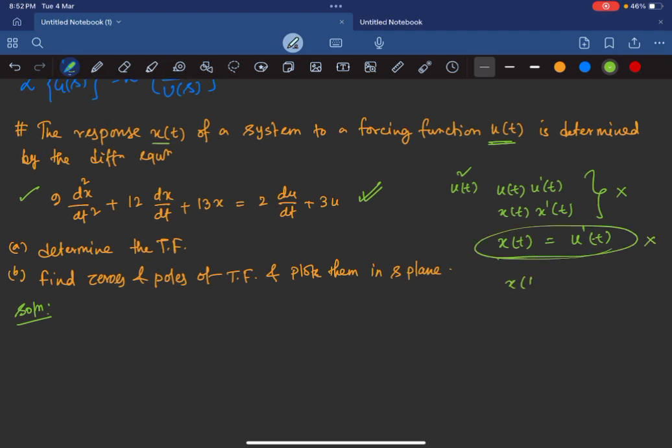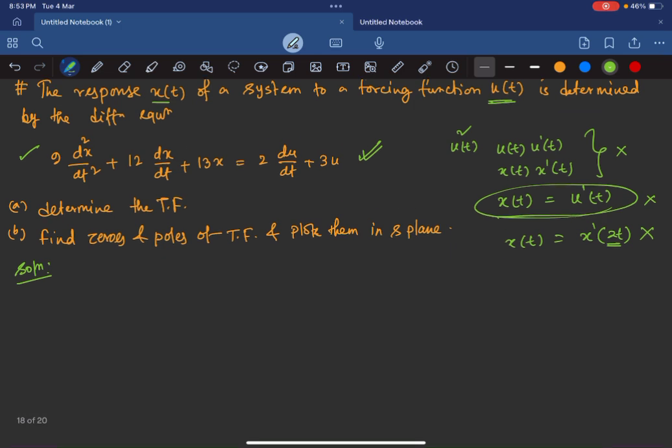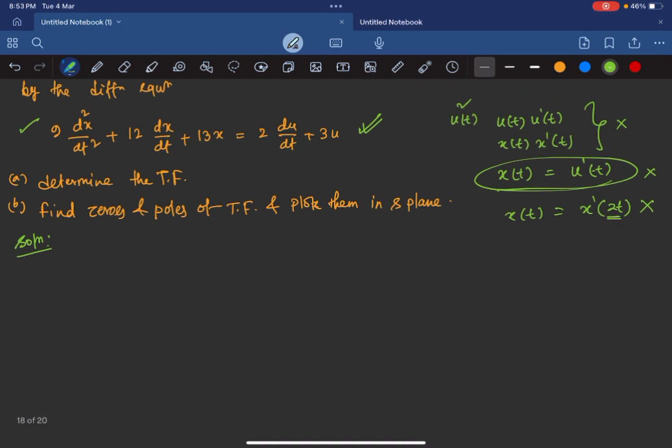Suppose if you have x(t) equals, suppose x dash 2t, this is not time invariant because scaling is present, so this type of scaling factor should not be there. Here you should have simple t. If these things are present, then obviously the system is not a linear time invariant system. So obviously this given system is a linear time invariant system.